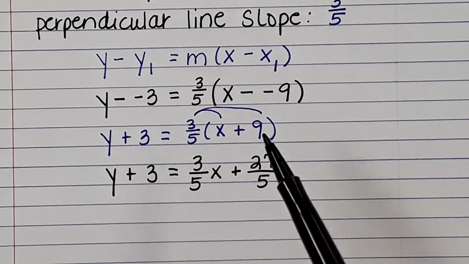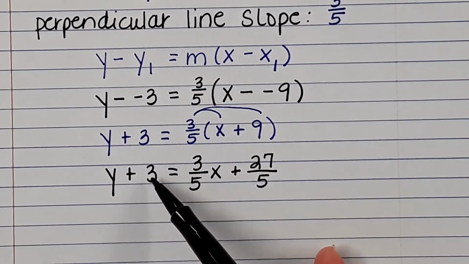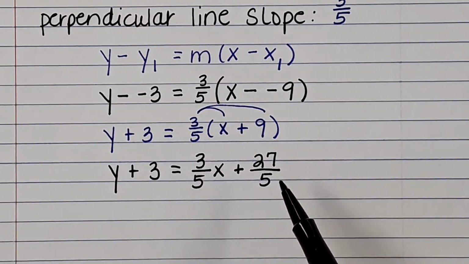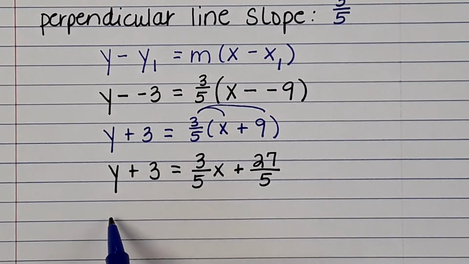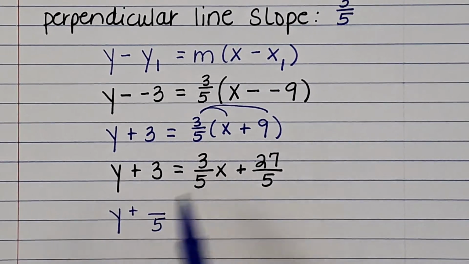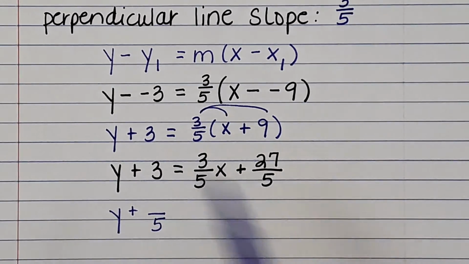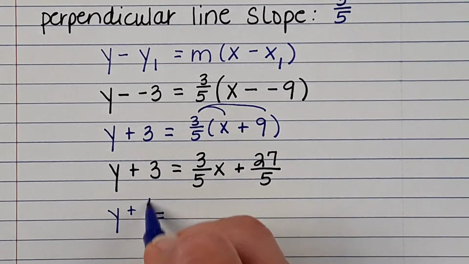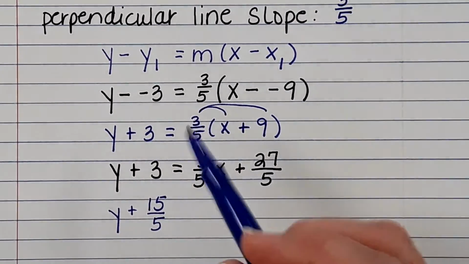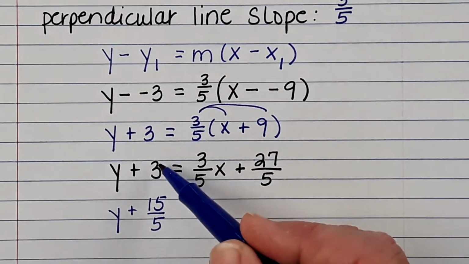Okay, so I'm going to show you how to change this 3 so it has a denominator of 5. So if it's a denominator of 5, I'm just going to write it with the denominator of 5. And since my denominator is 5, I'm going to multiply 3 times 5. What is 3 times 5? Now let's make sure I did it right. 15 divided by 5 should equal 3.